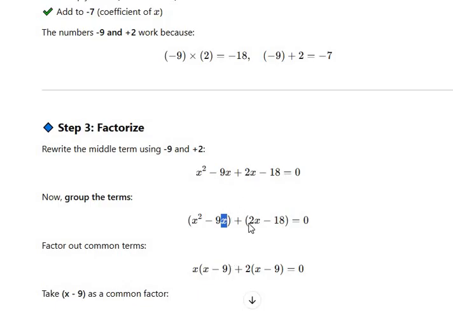Now again you see that 2 is common between these two, because when you take 2 outside there will be no 2 here. This 18 must have 2. Now break it, or you can simply divide it. 2 nines are 18, so 2 is outside and we will write 9 only.